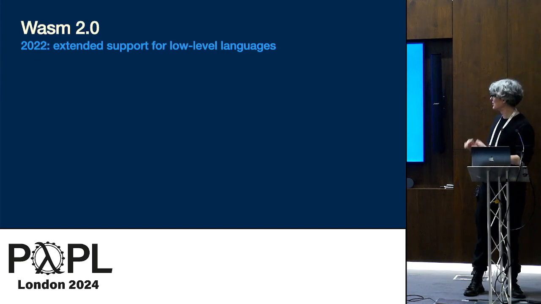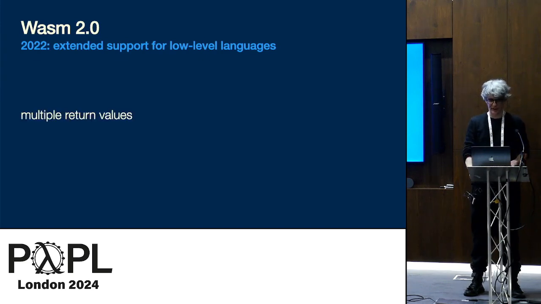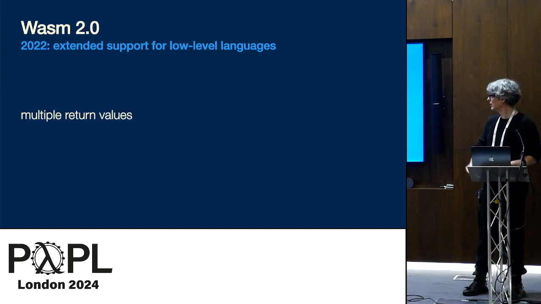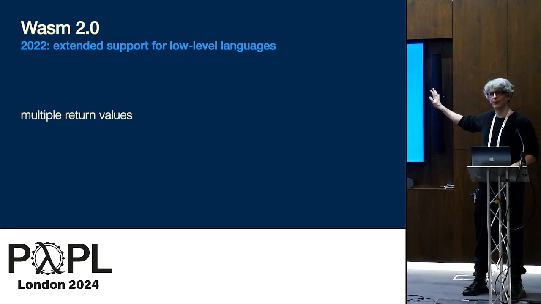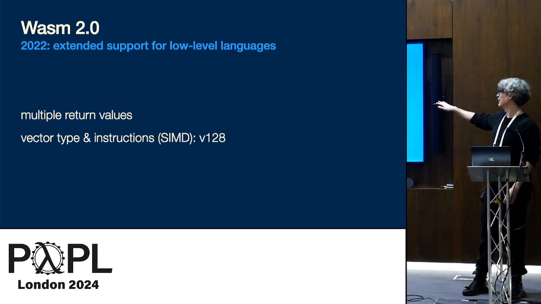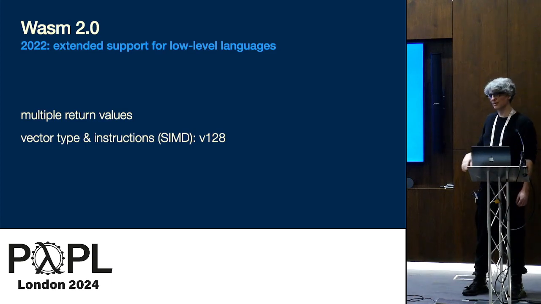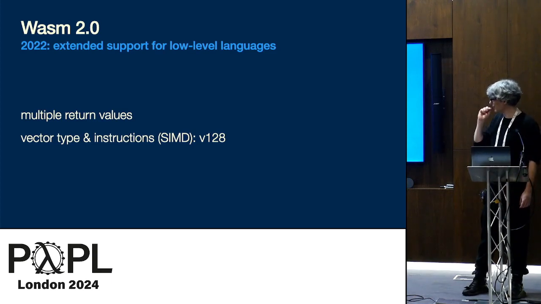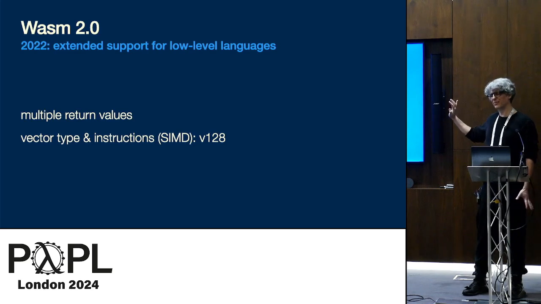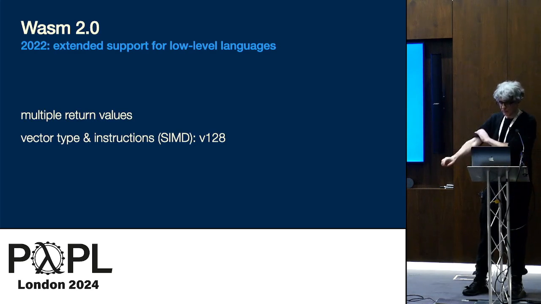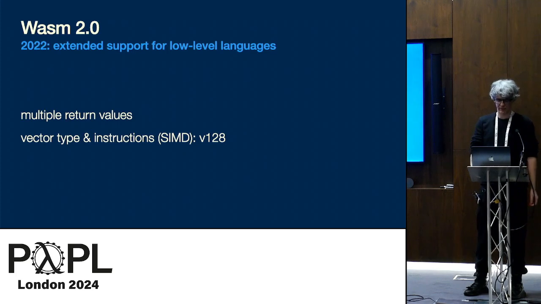So WASM 2.0 was actually a minor step. The things that were added there were just a couple. Multiple return values were already in the PLDI paper, so that's probably not new. The big thing that was added there was vector type and instructions. Not particularly structurally complicated, but huge surface and a lot of irregularity.